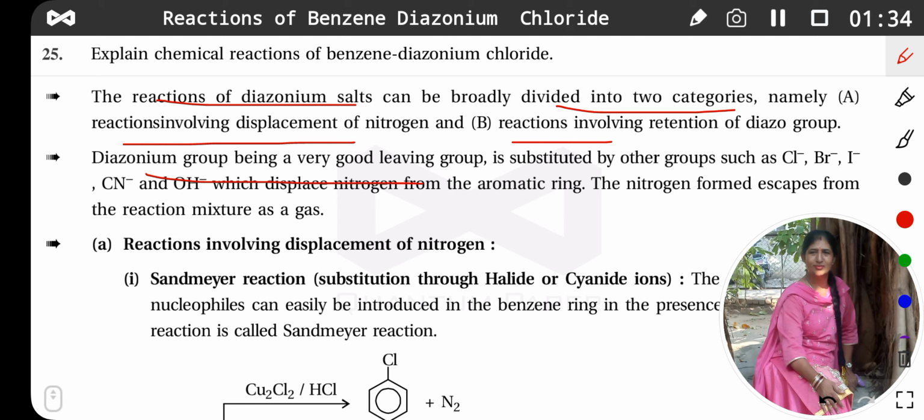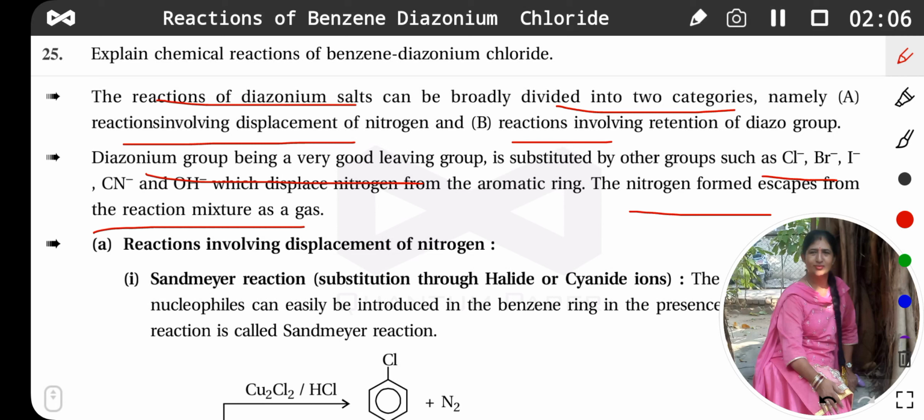And so at that place, we can substitute chlorine, bromine, iodine, CN, OH, specifically on the aromatic ring, because when we are talking about BDC, you can make it out from its name only, benzene diazonium salt, from your aromatic ring. The nitrogen which is formed escapes from the reaction mixture as a gas.